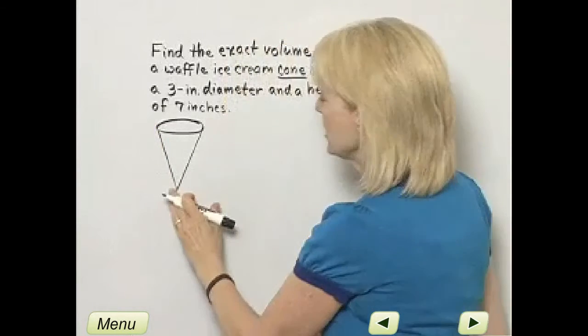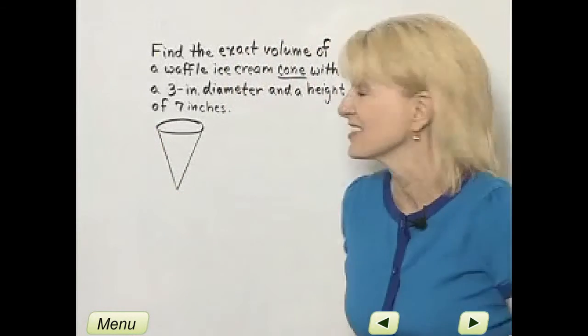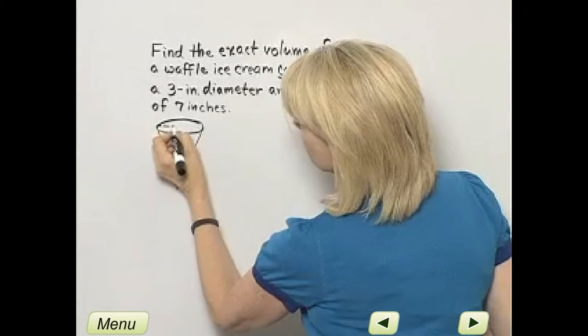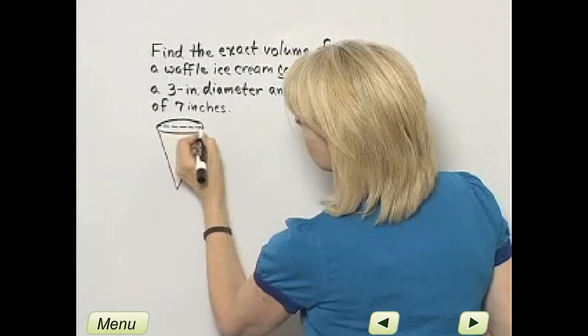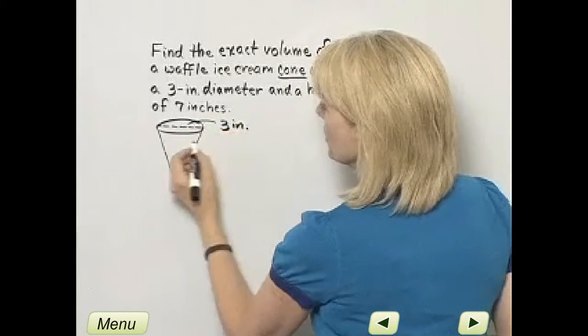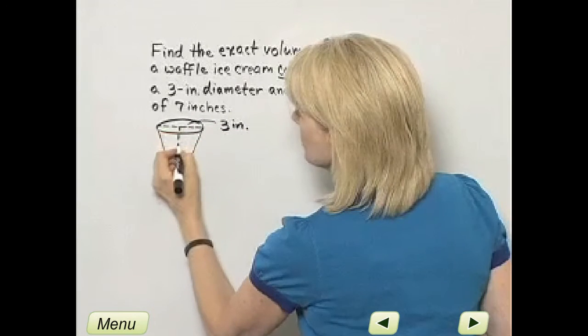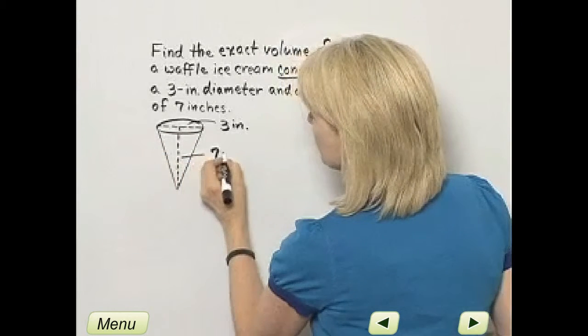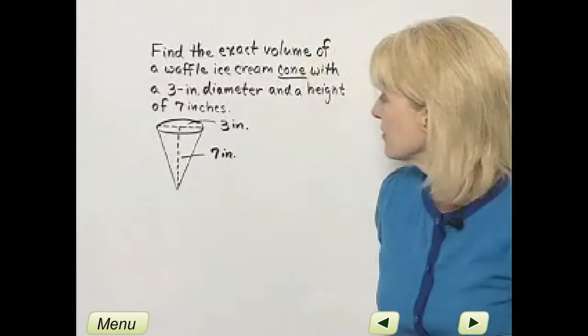Okay, so where is the 3 inches and where is the 7 inches? The 3 inches is a diameter of the circular top, so that's 3 inches. And then where is the 7 inches? There it is, straight down, that's 7 inches.